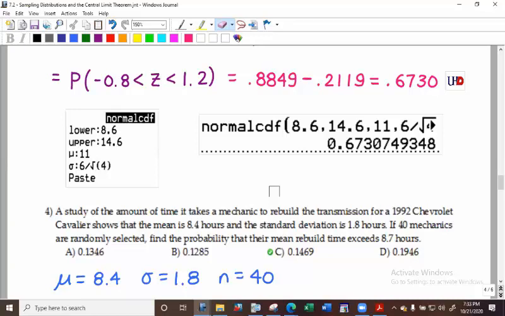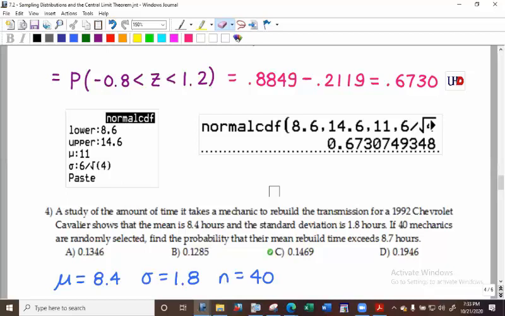Okay, exceeds just means greater than. But if you look at this question, notice that there's something that appears to be missing here. It doesn't say anything about the normal distribution, does it? That's kind of odd. Well, here's where the central limit theorem kicks in for us. Because n is 30 or more, in this case n is 40, it doesn't have to be normally distributed.